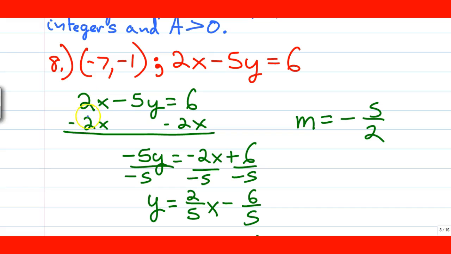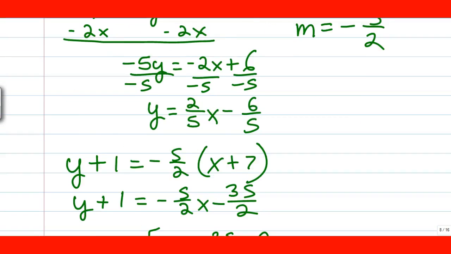So again, just like in the last one, we isolated the y to get this into slope-intercept form. So running through the procedures, we end up with y equals 2/5 x minus 6 over 5. So ours is going to be the opposite sign, so it's going to be a negative, and it's going to be a reciprocal of this, so it's a 5 over 2. So this is our slope.